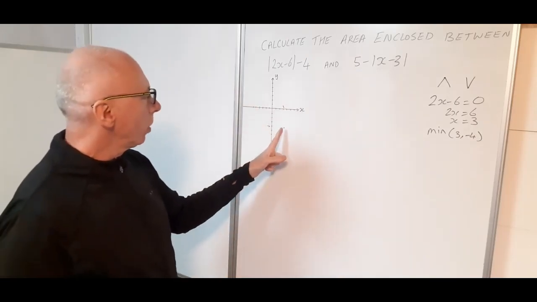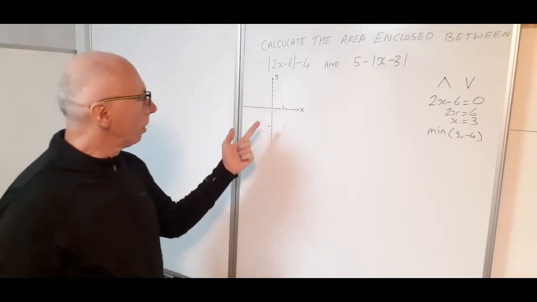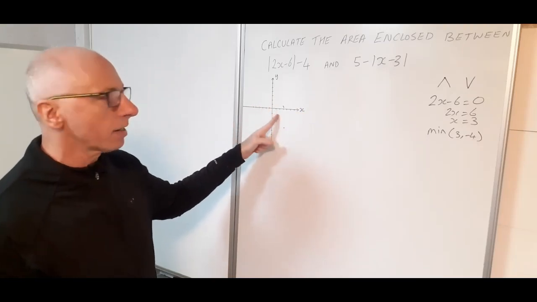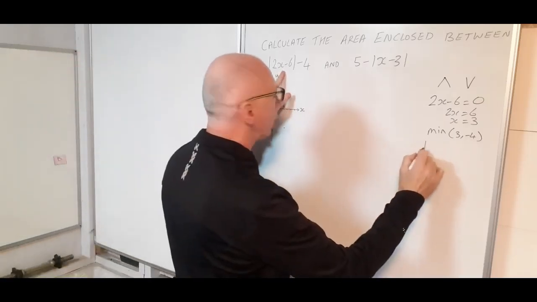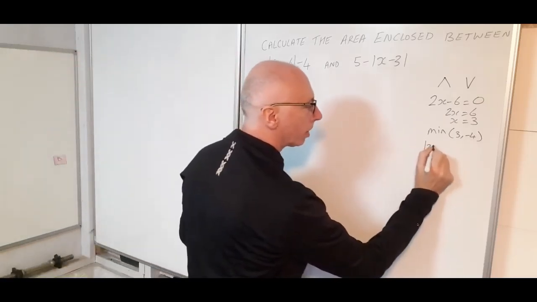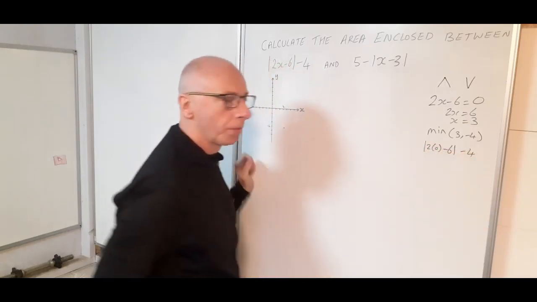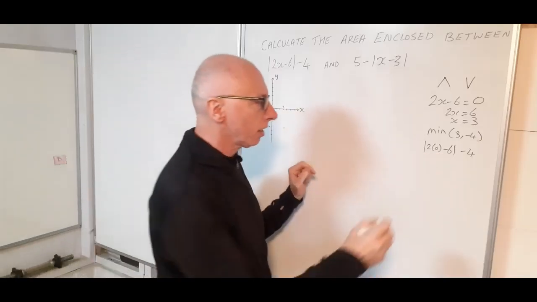The next bit we want to do is to find out when it's going up in this direction. The easiest one to look for is when it crosses the y-axis. So at the y-axis x is 0, so plugging 0 into here, we've got 2 times 0 minus 6 and then minus 4. So 2 times 0 is 0, minus 6 is minus 6.